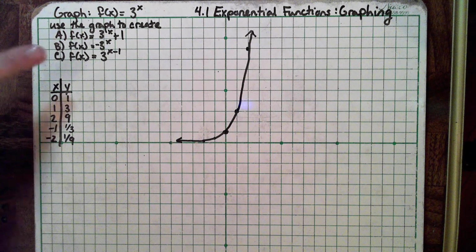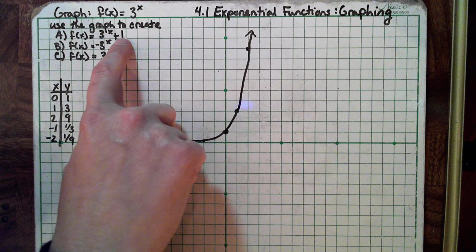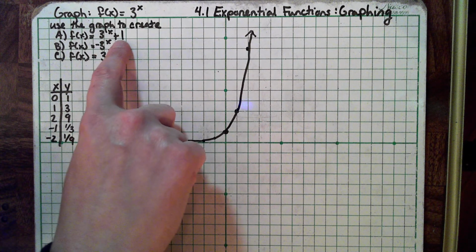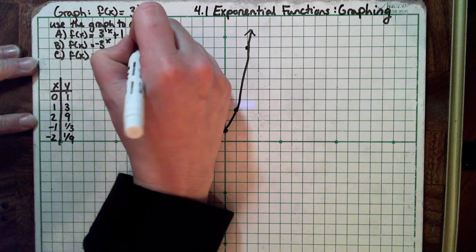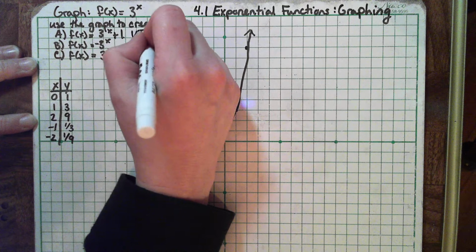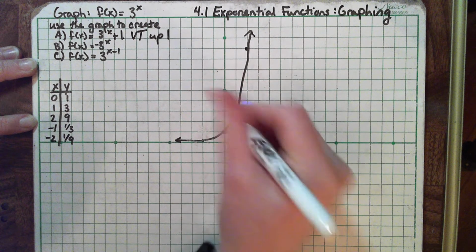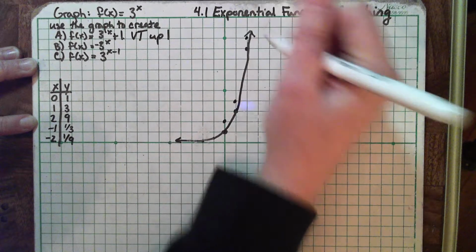So for our first transformation, we have 3 to the x plus 1. So notice this is not happening to the variable, which is up here. It's happening on the outside. So this is a vertical translation, and it's gone up by 1. So I take each point, and I just move it up 1, like this. This goes up 1.